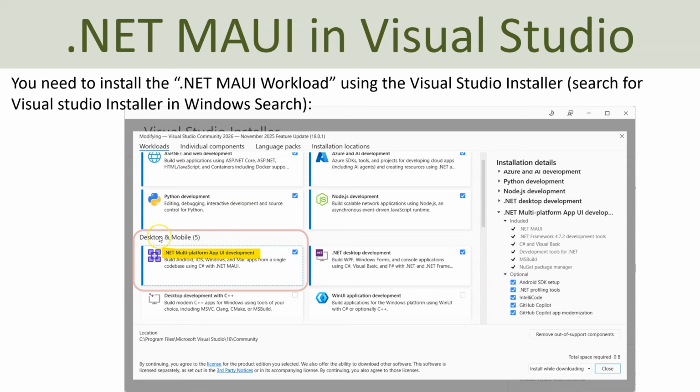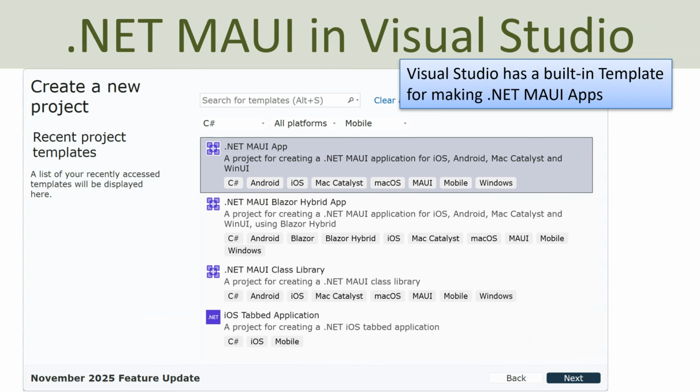If you haven't installed it, basically search for the Visual Studio Installer in the Windows search menu, and then just make sure that you install this workload. When you have installed it and then you create a new project in Visual Studio, you should have this .NET MAUI App project available. If you don't find it, just search for .NET MAUI here in the search field in order to get access to this .NET MAUI app template.